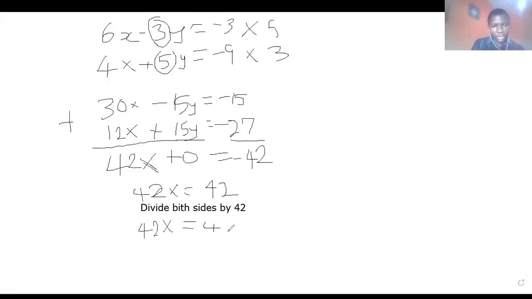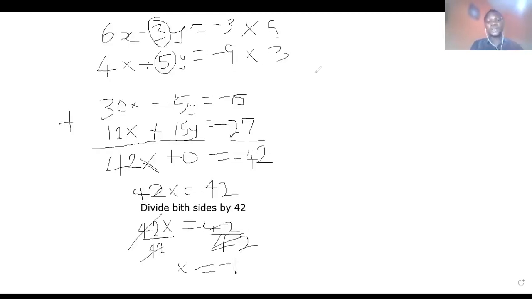So you divide, 42 divided by 42. I think we are on the same page on this. You remember this is minus, because we are bringing minus from there. So 42 divided by 42, our x will be minus 1.